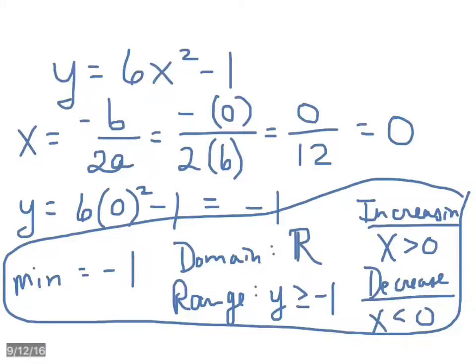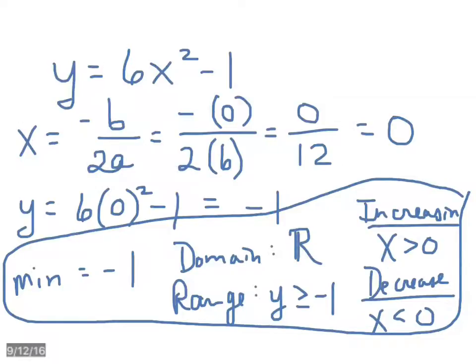It wants you to tell me if it's a minimum or maximum, and then the number that you get. Then the domain and range, which, by the way, what's the domain for every single one of them? Good. Range was the same as the minimum or the maximum. And the increasing and decreasing, where did I get the 0 from? The x-coordinate. So realistically, what I did was I picked everything out of the vertex.